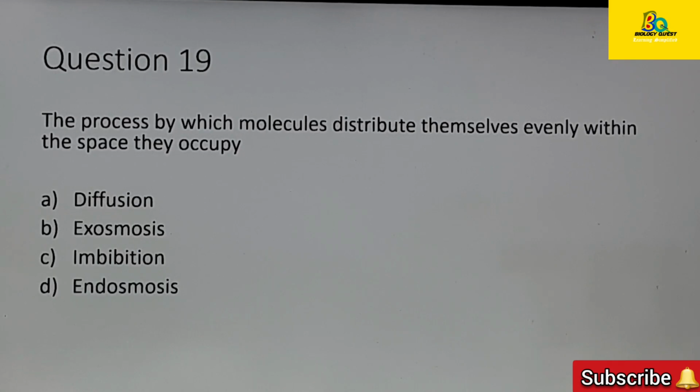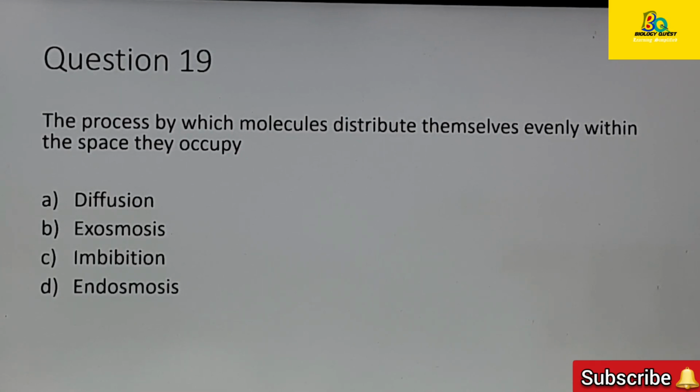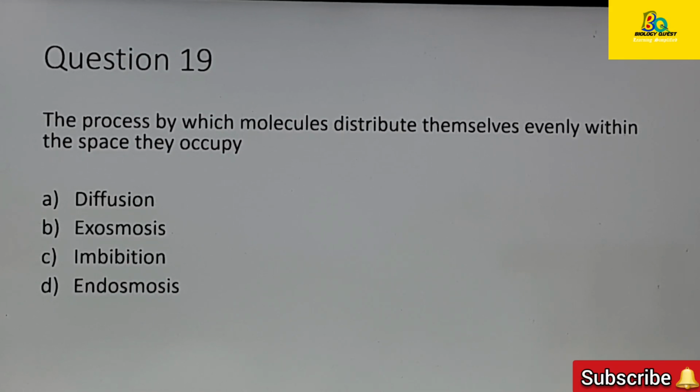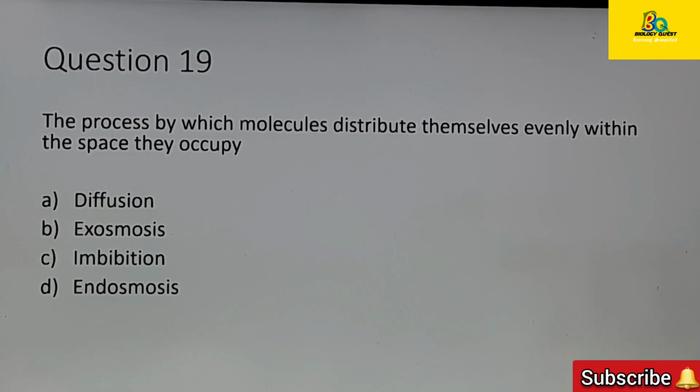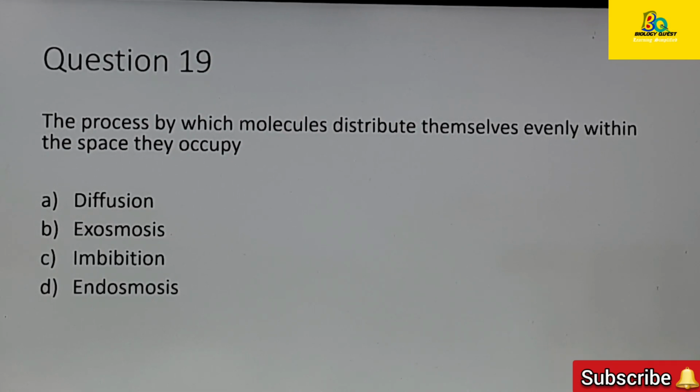Okay, when we place a potassium permanganate crystal in a beaker, what happens to it? It dissolves. The potassium permanganate crystal dissolves and it spreads throughout the entire water inside the beaker. So here what is actually taking place? The molecules distribute themselves evenly within the space they occupy.